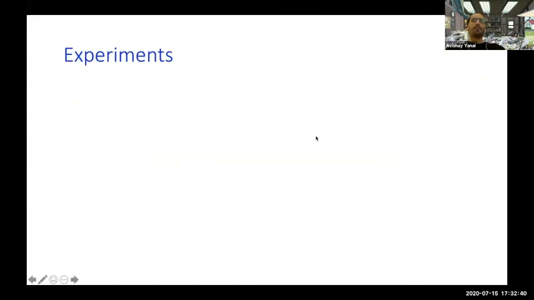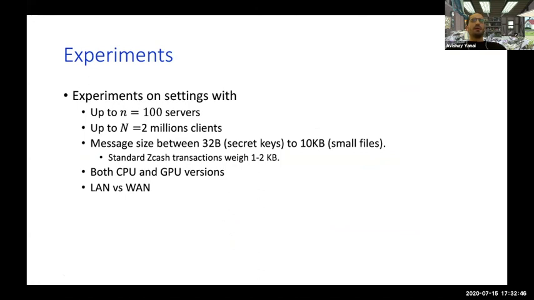So let me describe the experiments we've made. We tested the protocol with a number of servers that ranges between 5 and 100, and a number of clients that ranges between 1,000 and 2 million.